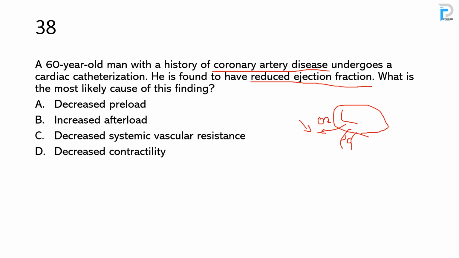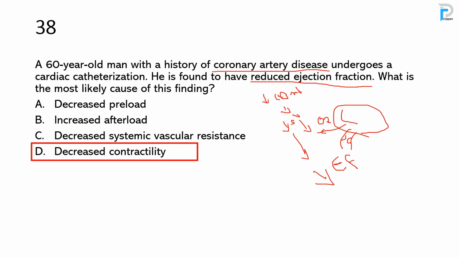So we have a reduction in oxygen supply, which decreases contractility, and the decreased contractility decreases stroke volume, and the decrease in stroke volume decreases ejection fraction. So the correct answer here in this case is decreased contractility.